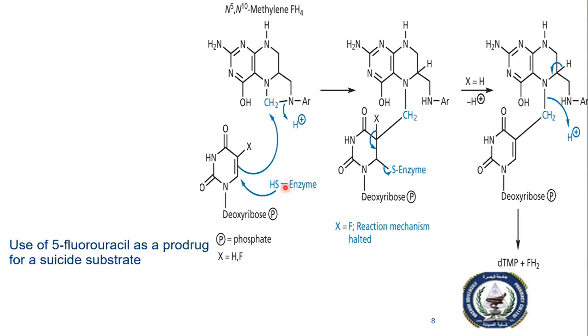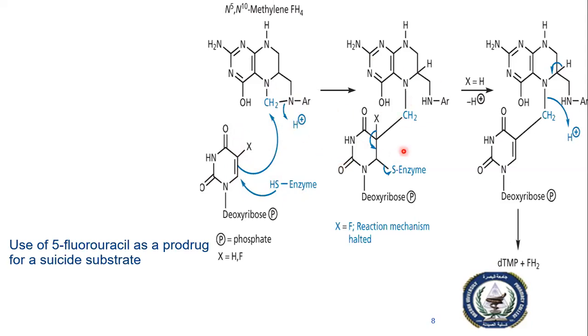When the enzyme comes in, the sulfhydryl will attack position number 4. That will open this bond and attach to the methylene group. Attaching to this methylene group will open the bond between the methylene and nitrogen number 10, which will abstract a proton from the medium.